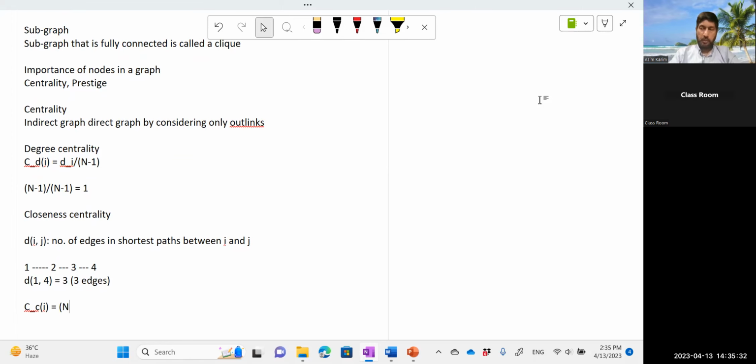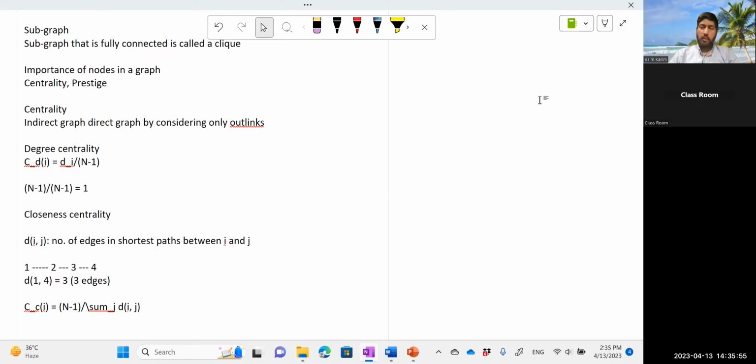Normalization इसकी actually ऊपर आती है n-1. पहले मैं लिख लेता हूँ, I'll explain this later. Divided by, we have a summation for all j in the graph of d, I and j. ठीक है? What is dij in the denominator?